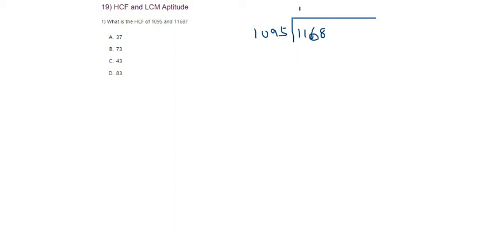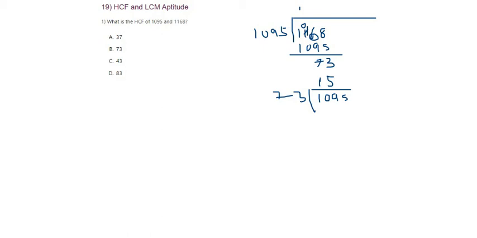Okay, so when you divide this, we can divide it by 1095. When you subtract this, you get 73. Then we take 73 and divide it into 1095.